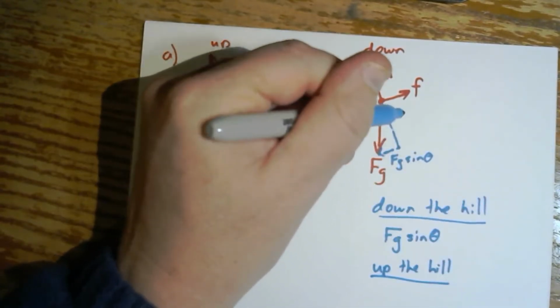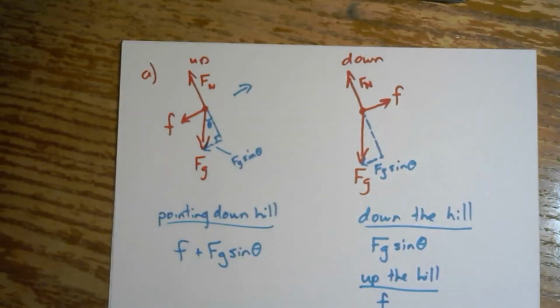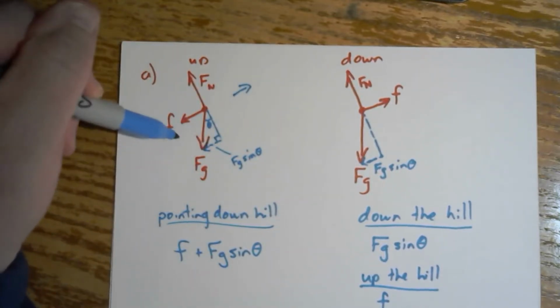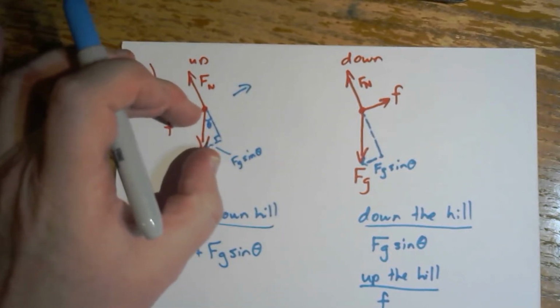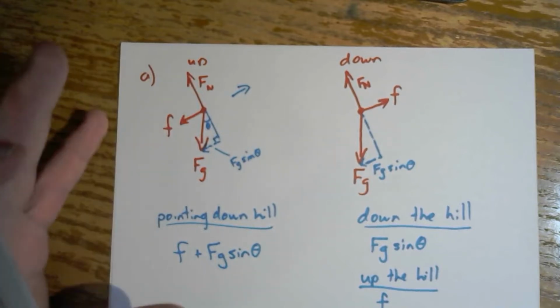Now, these values aren't equal because obviously it's sliding down the hill, but the point I want to make is because they have two forces opposing your motion going up, it's almost like you're putting the brakes on twice. You've got gravity pulling you down as well as the friction holding you down.